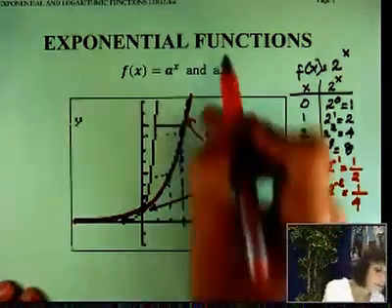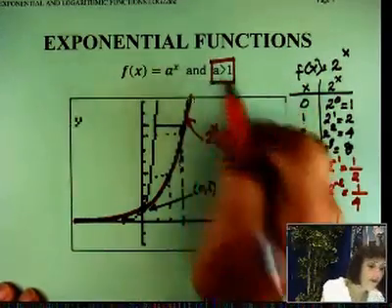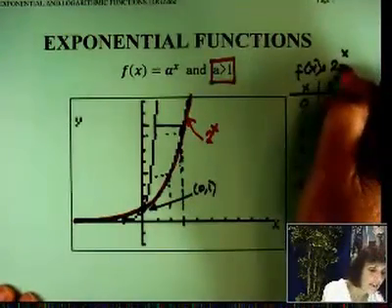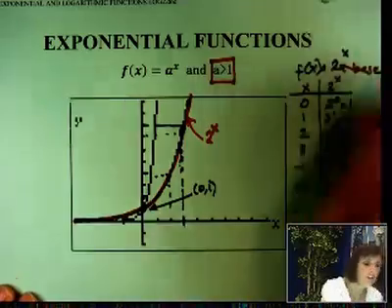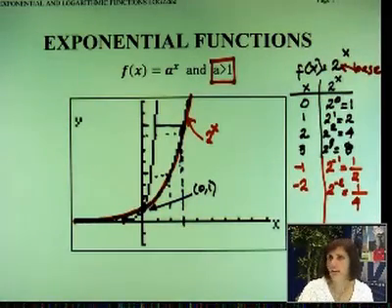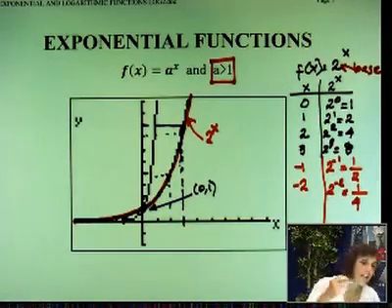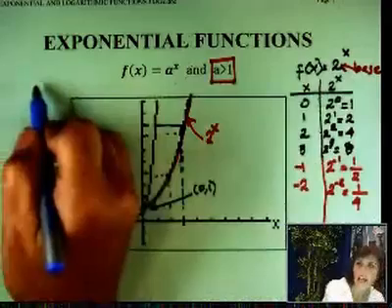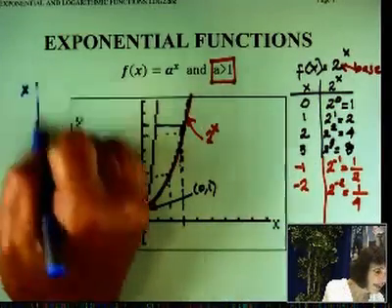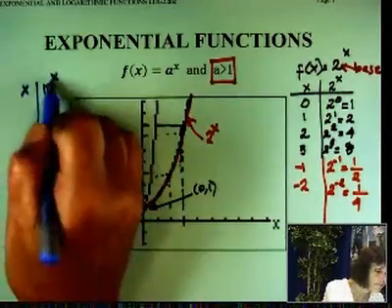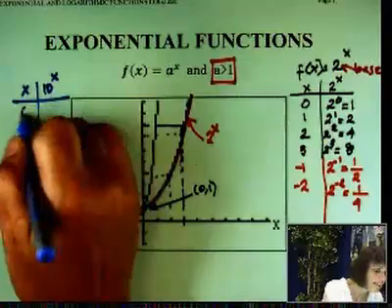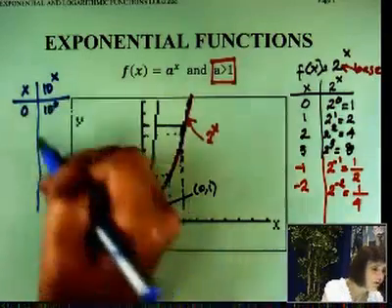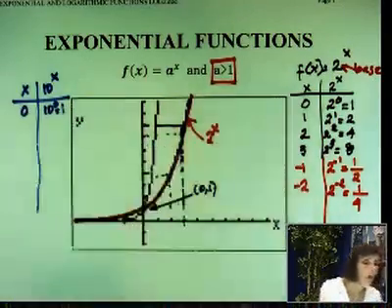That is very typical when I have a base that's bigger than 1. Let's look at another one. Let's say instead of 2 to the x, I have x and 10 to the x. When x is 0, this is 1.